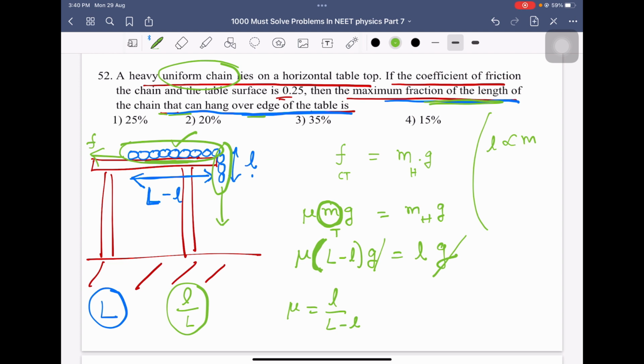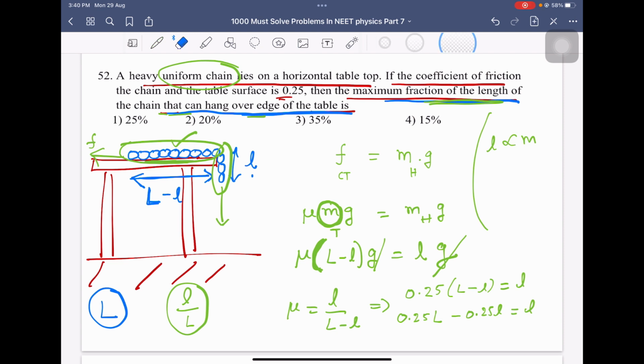So if I substitute the value of mu equal to 0.25 into L minus l equal to small l: 0.25 into capital L minus 0.25 into small l is equal to l. So what happens?